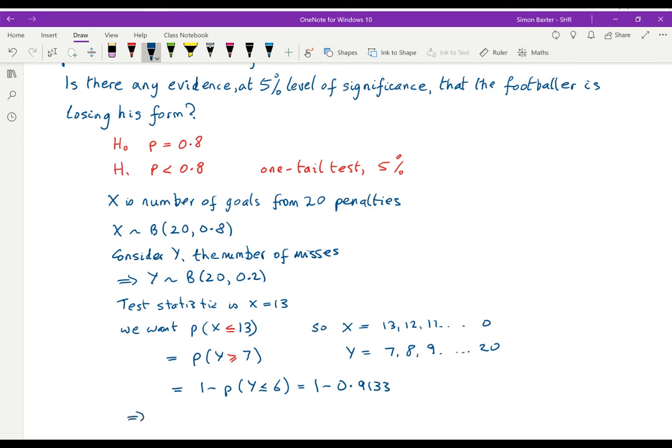And therefore, as this is what we're looking for, the probability that x is less than or equal to 13 is equal to 0.0867, which is 8.67%, and our significance level is 5%, and therefore this is not significant. That is because 8.67% is bigger than 5%.